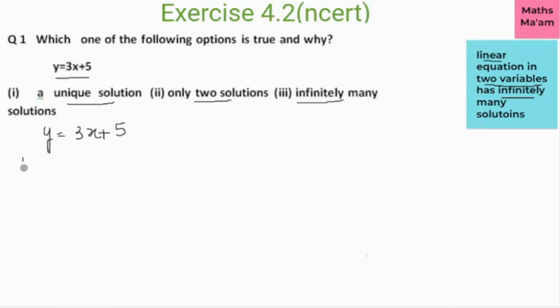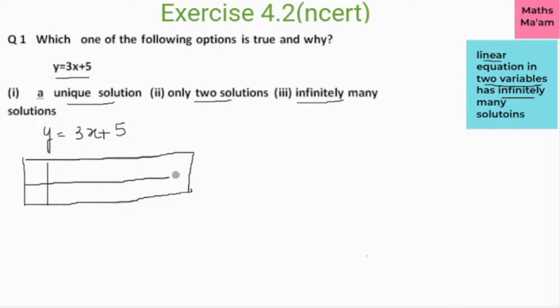Okay, now we'll make a table and we'll put different values of x, and then we'll find the values of y from this. Let's start with 0. If we put the value of x is equal to 0, then y is equal to how much? 3 times 0 plus 5, which is equal to 5.